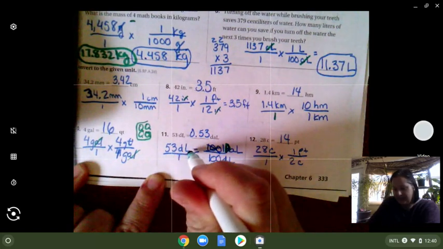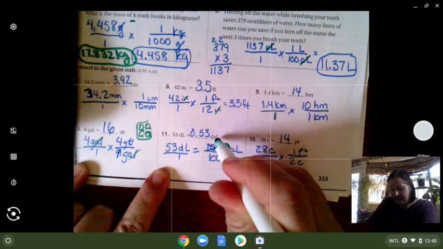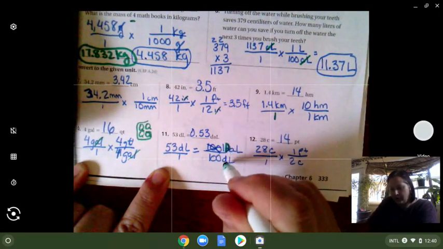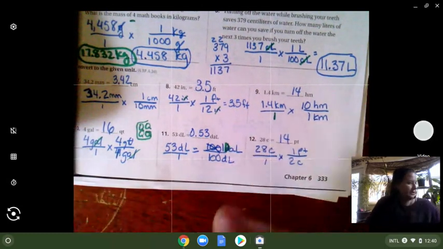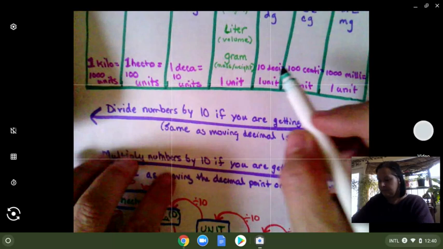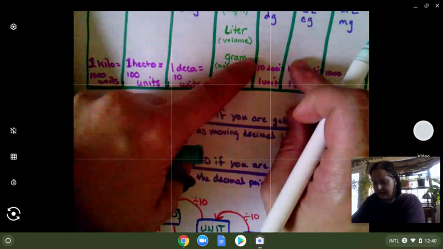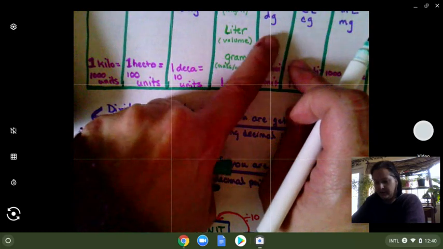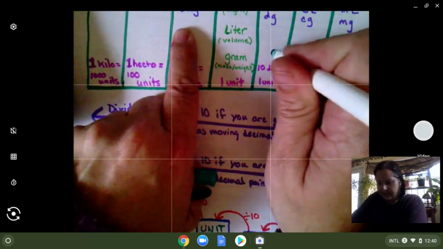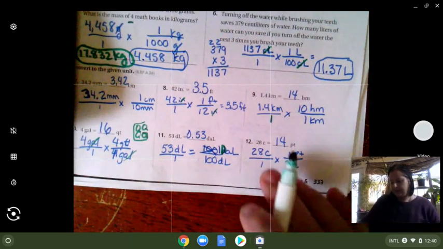53 deciliters. And so we're going to change deciliters to decaliters. So that's going to be the larger measurement. There's 100 deciliters. And let me show you how to figure that out real quick. So every time we go 1 spot this way, this is timesing it by 10. So there's going to be 100 of these little deciliters in a decaliter, because you go 2 zeros, 2 spots.